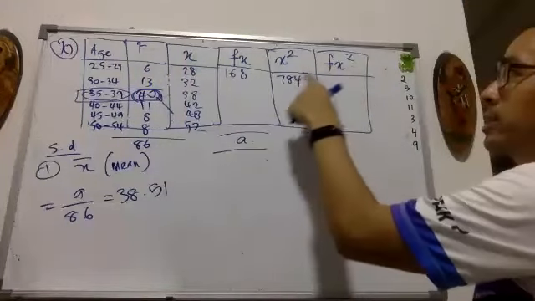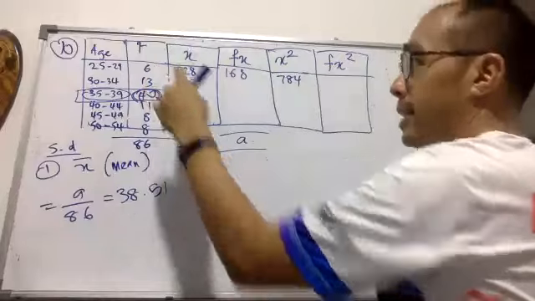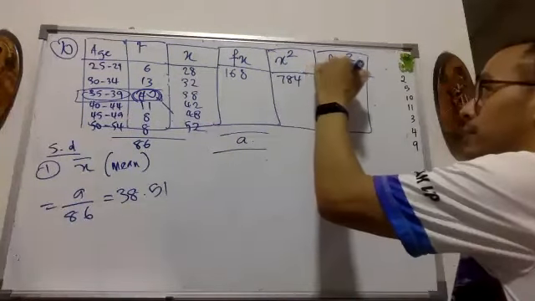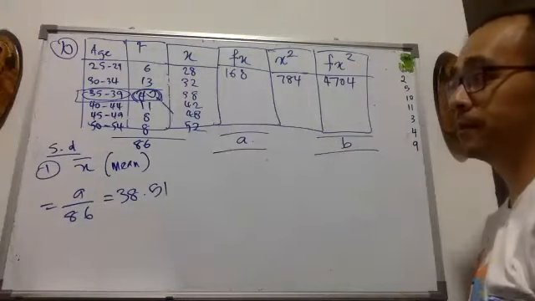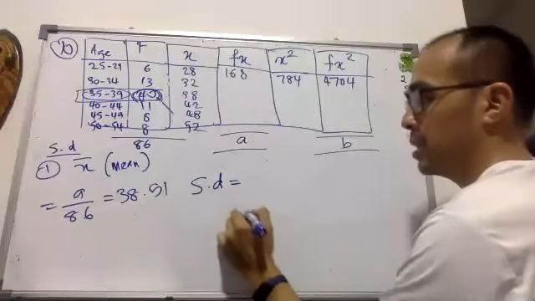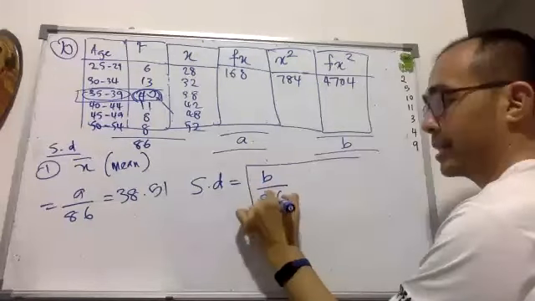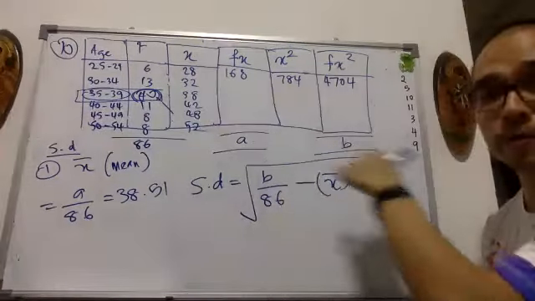How did I get fx squared? 784 times 6 is 4704. Then this one I total, and I'm going to call this B. So the standard deviation is the square root of B divided by 86 minus mean squared.